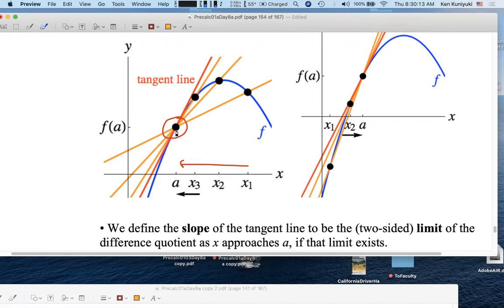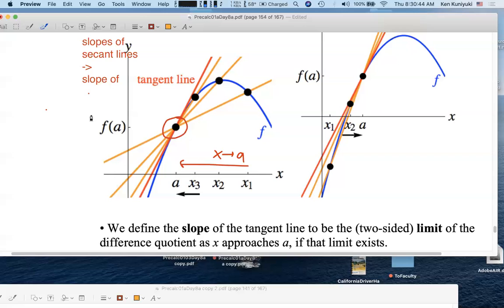Consider the sequence of secant lines. Each secant line has a slope. And the idea is that as x approaches a, we often do use arrows in calculus, as x approaches a, the slopes of the secant lines will approach the slope of the tangent line. Slopes of secant lines will approach the slope of the tangent line here.